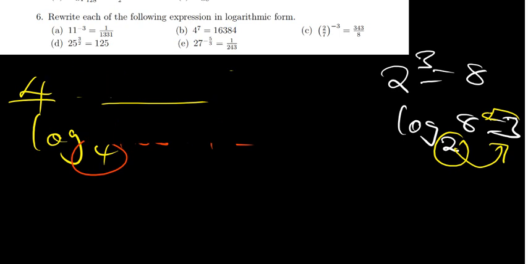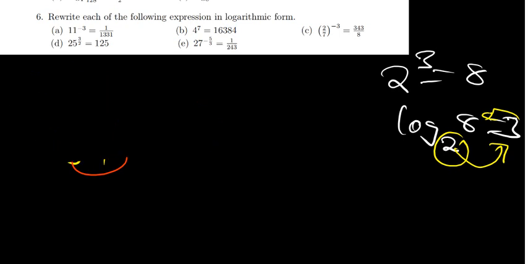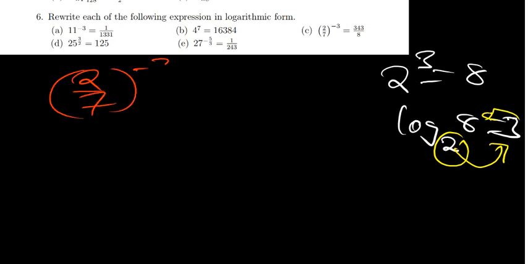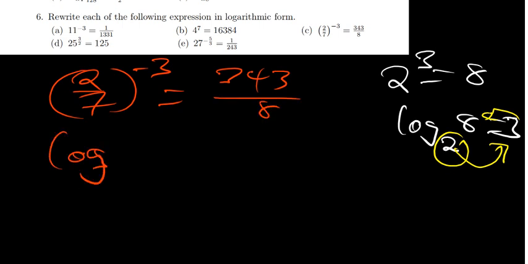Okay, now you can do part C. So part C is 2 over 7 raised to the power negative 3 is equal to 343 over 8. So this is going to be log base 2 over 7 of 343 over 8 is equal to negative 3.